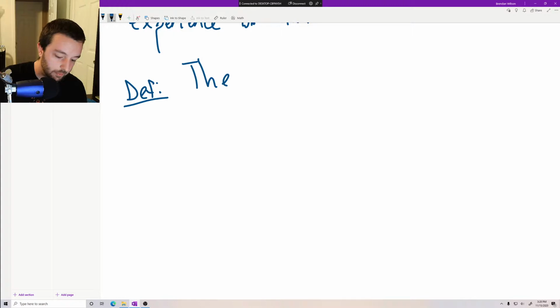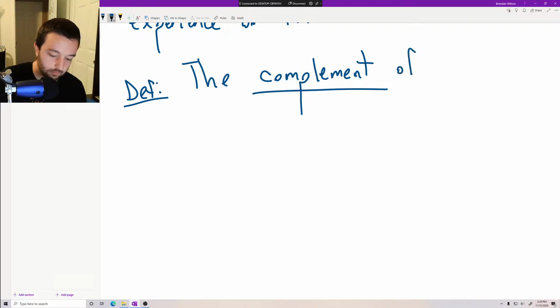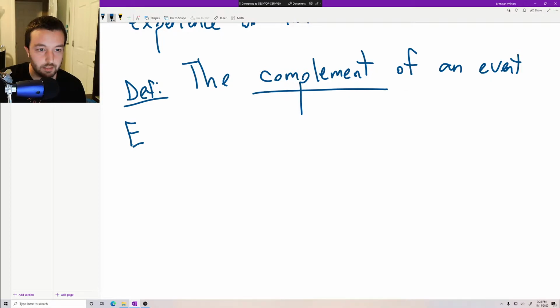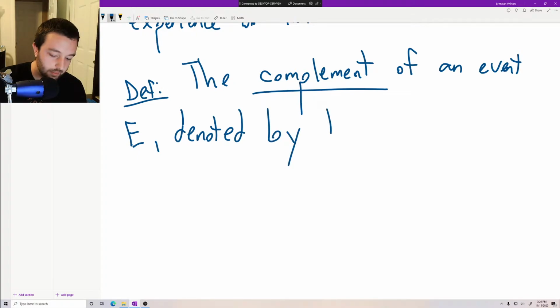Okay, so the complement of an event E, so this could be anything, like the A we were using before, is denoted by E bar. So E with a bar over it.